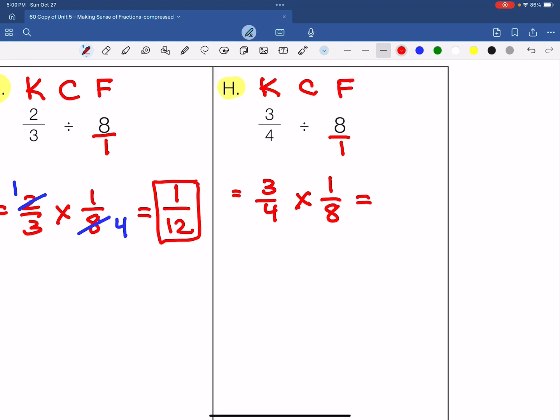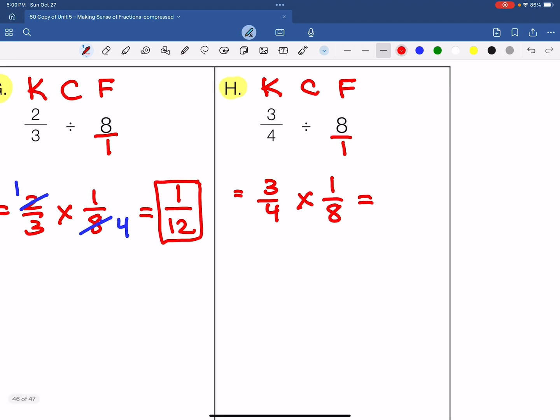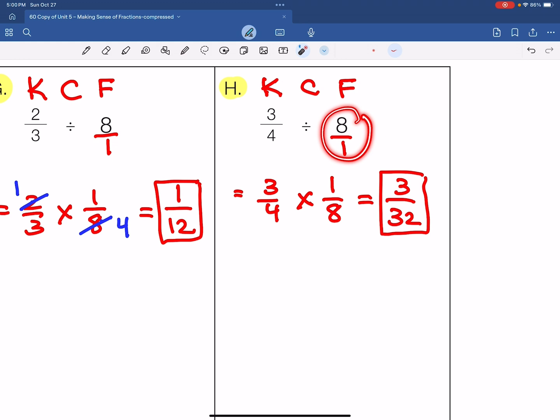Let's go ahead and multiply. 3 times 1 is 3. 4 times 8 is 32. Box your final answer of 3 thirty-seconds. So 8 fits into 3/4, 3 thirty-seconds times.